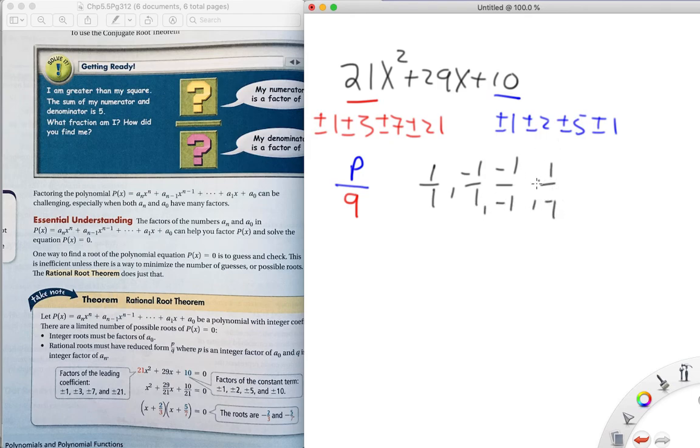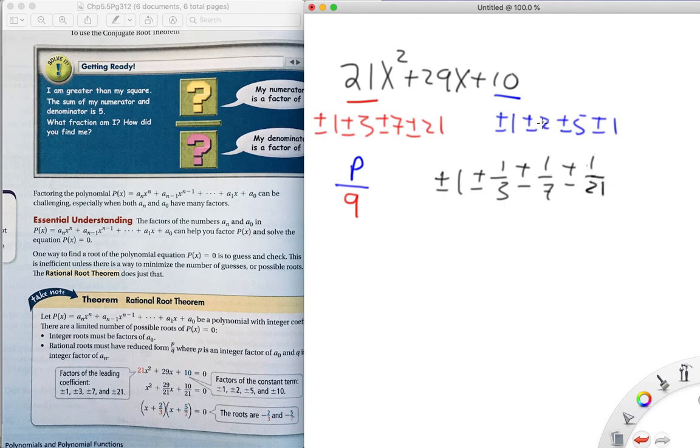So there are many iterations of it, but we just say plus or minus 1 because that's all that means. And then there's plus or minus 1 over 3, plus or minus 1 over 7, plus or minus 1 over 21.